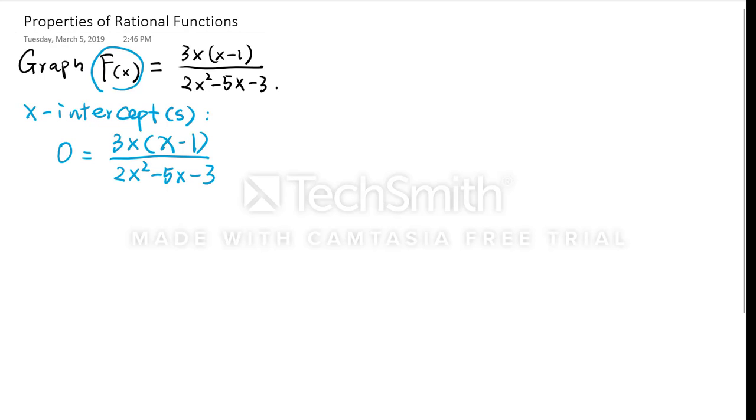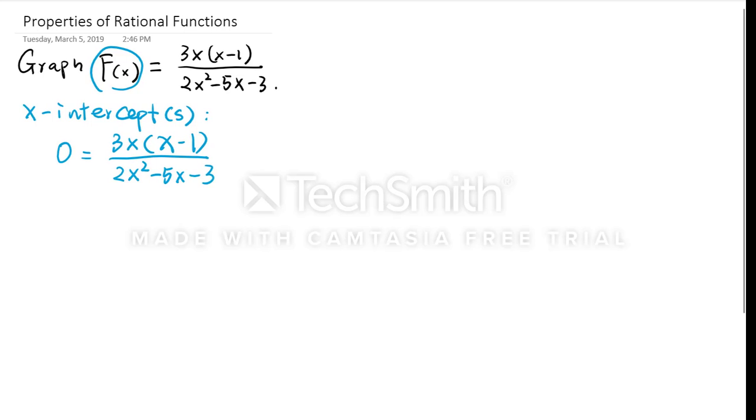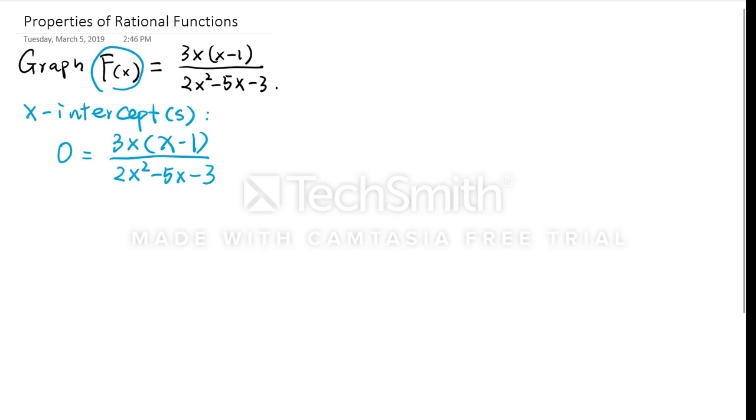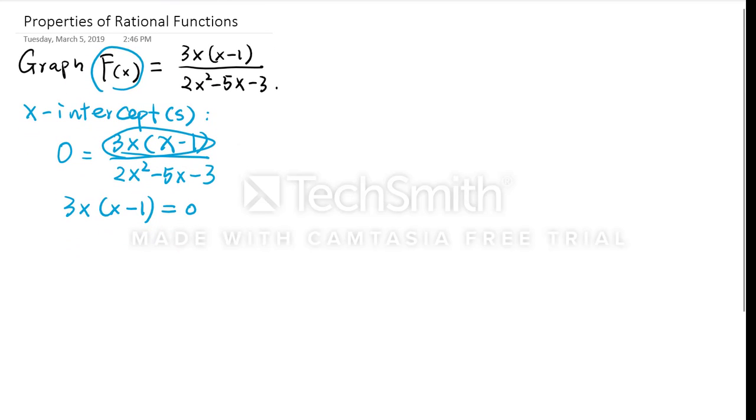And this expression is equal to 0 if and only if the top part is equal to 0, because if a fraction is equal to 0, the only way it is equal to 0 is if the numerator is equal to 0. So in this case, you will have only this part, 3x times x minus 1 is equal to 0. Okay, so these two are equivalent.